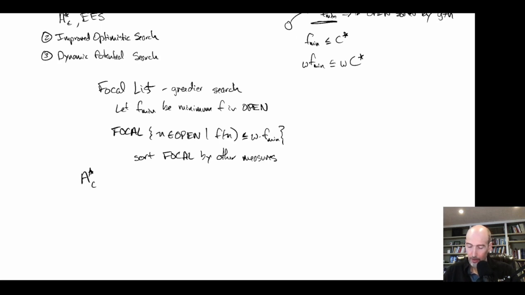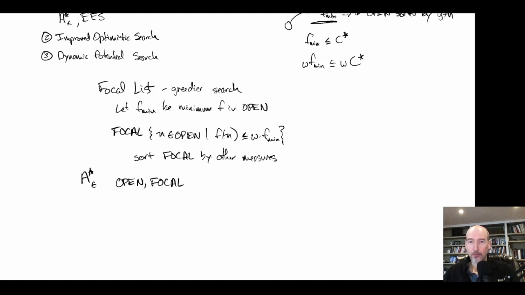So A star epsilon is going to maintain two priority queues. It has open and focal. And what we're going to sort the focal by, now A star epsilon leaves it a little bit open, but if you look at the original paper, there's a few other details that aren't 100% clear from that original paper.